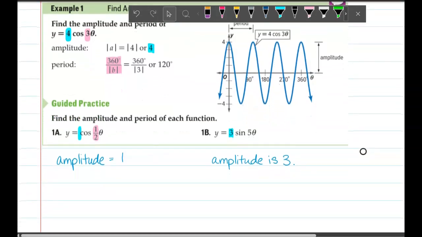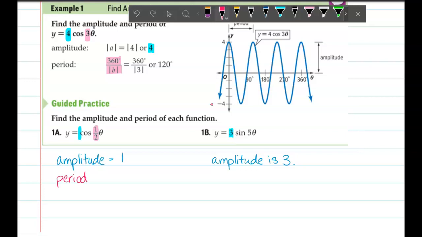So if we want to find our period, that's how much of the graph will fit before it repeats, we would take 360 degrees and divide it by the absolute value of 1/2. And when we do that, we get 720 degrees. That's the period. For 1b, we have a number 5. So to calculate the period, we take 360 degrees and divide it by the absolute value of 5. And that will give us 72.